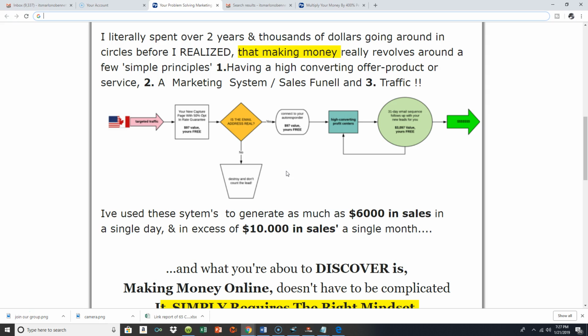Okay, as you start pouring traffic into your funnel, it can actually work for you 24 hours a day, 7 days a week, 365 days of the year. I'm going to be doing videos about it. I got videos up all over YouTube about it. And so that's all I talk about, guys. Automated marketing systems and sales funnels, lead and traffic generation, or traffic and lead generation. That is it, and that is all.